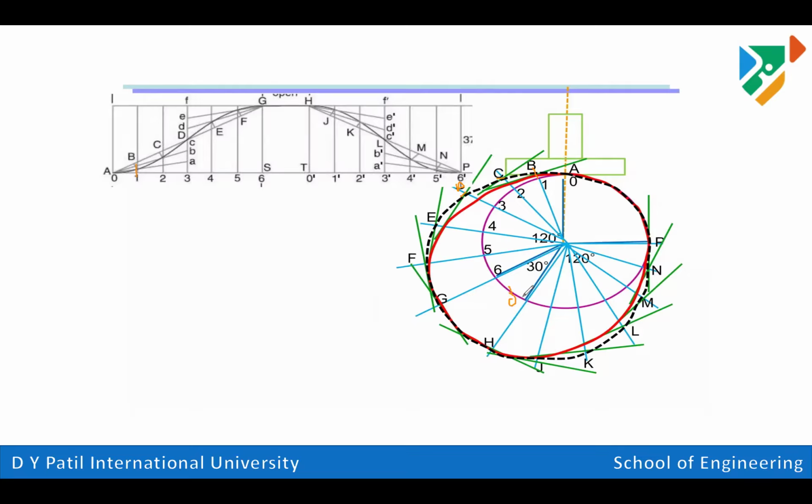So this point is 0 dash, then 1 dash, then 2 dash, 3 dash, 4 dash, then 5 dash, and this point is 6 dash. For all these locations we are marking the points.